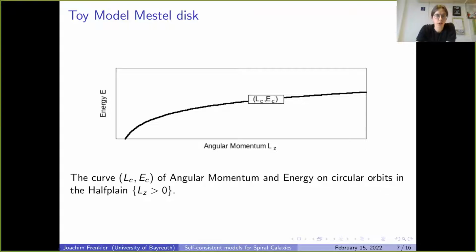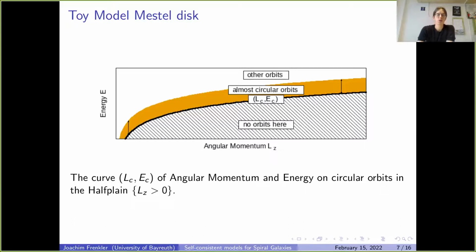This curve of angular momentum and energy on circular orbits divides the right half plane into two halves. In the area below the curve LC-EC, we won't find any orbit. Every orbit in the potential of the Mestel disk has an Lz-E pair, which is located above this curve of angular momentum and energy on circular orbits.